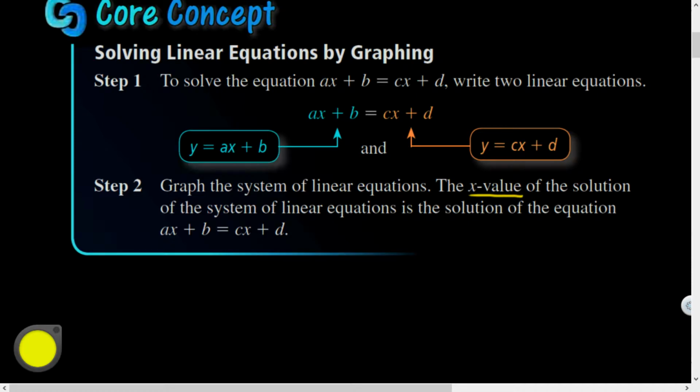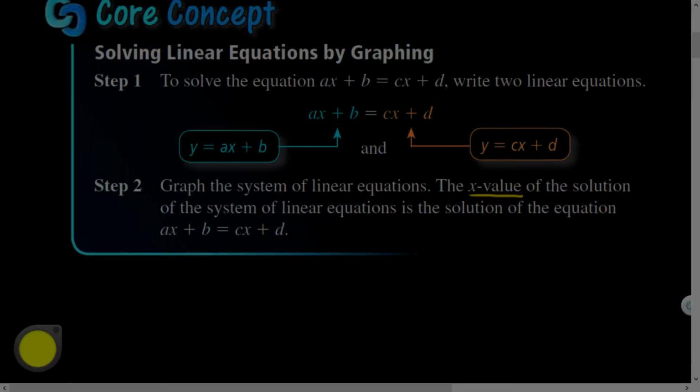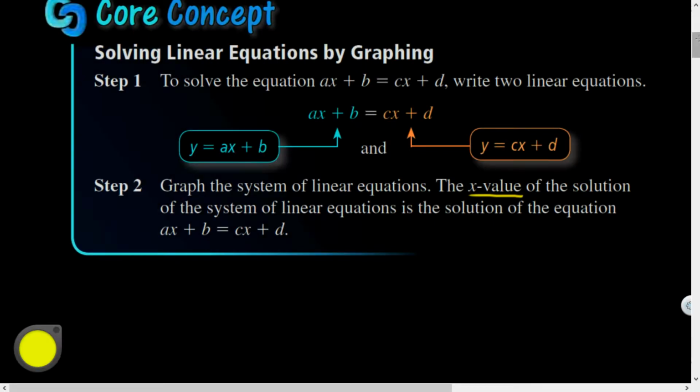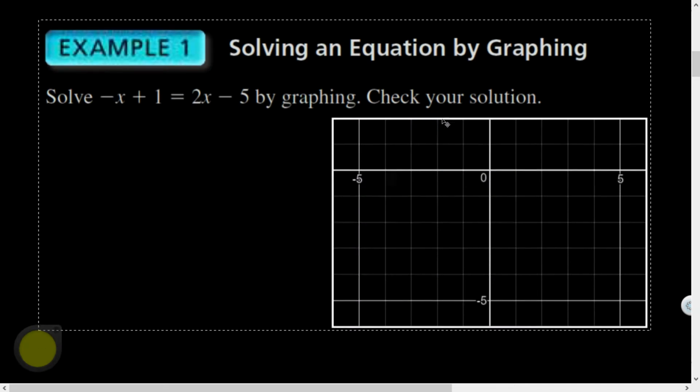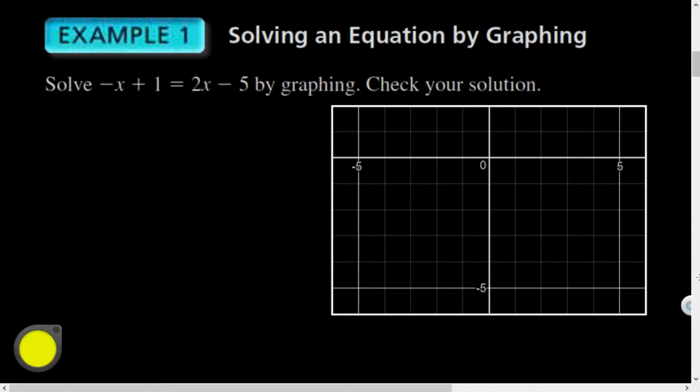Let's do example 1 together here. We'll do examples together. I've got also a stumpy looking coordinate plane, but that's okay. So they say I've got to break this into 2 equations.